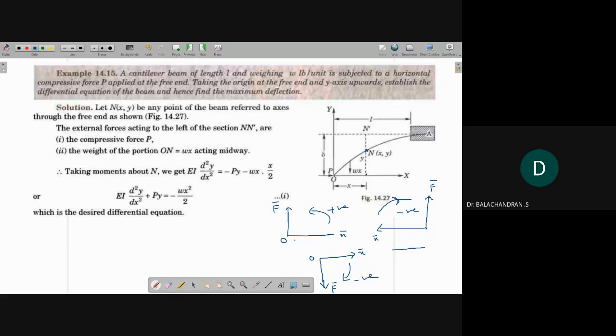Then force, this is a radius, this is origin, anti-clockwise direction, positive. So first one, compressive force P and Y. Which diagram is the correct one out of the four?